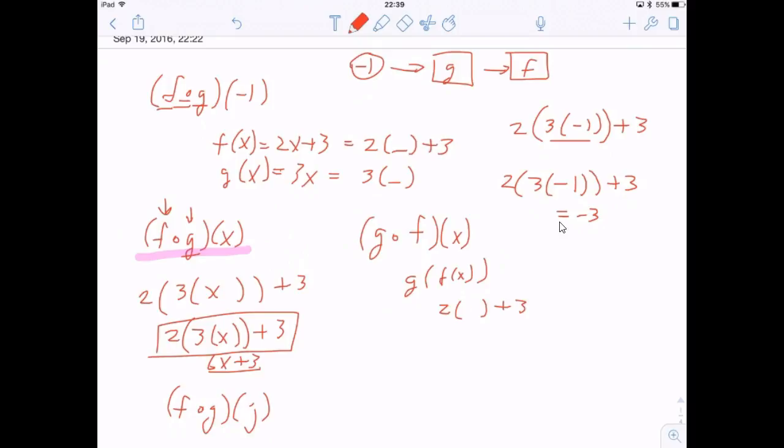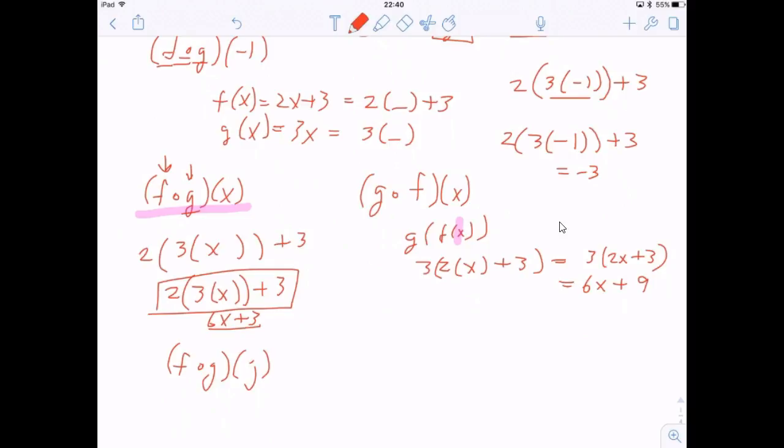What's the input? It's x, right? The input is x. And that is the f function on the inside of the g function, which is 3 times the input. I'm going to simplify that. I'll get 3 times 2x plus 3, which is equal to 6x plus 9.